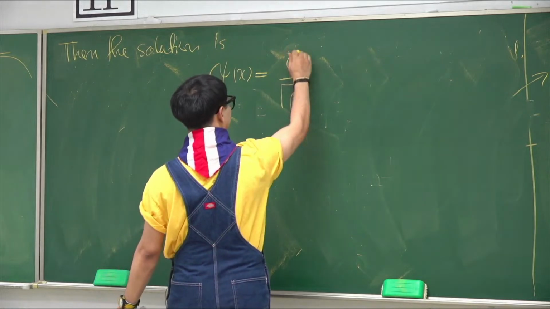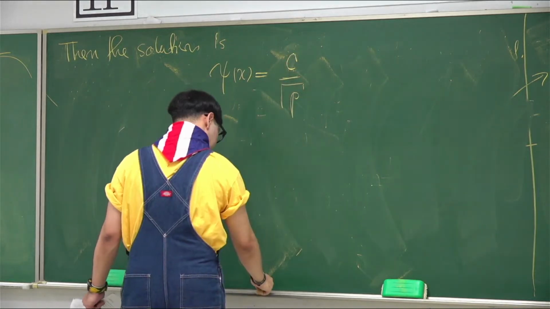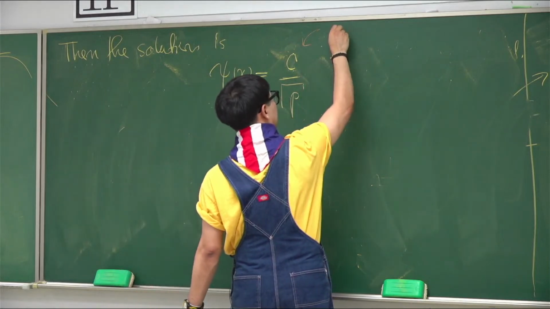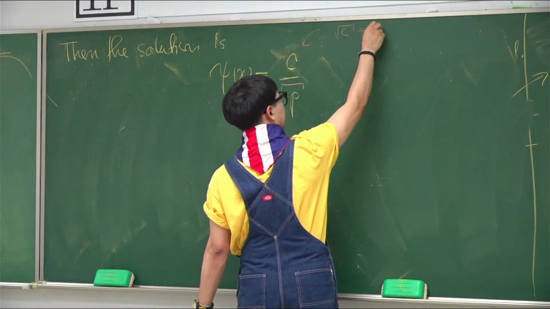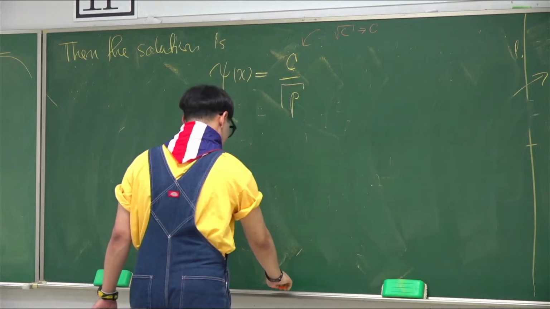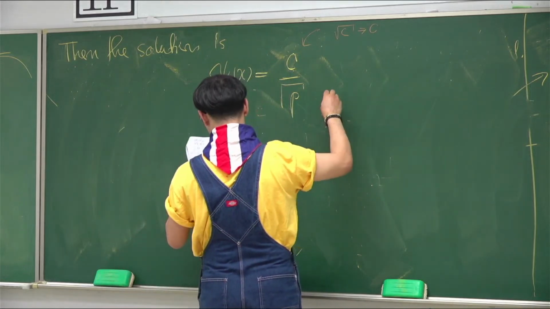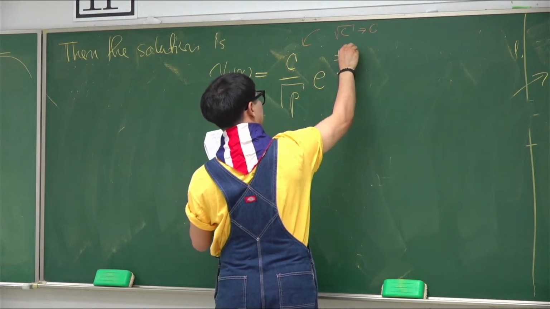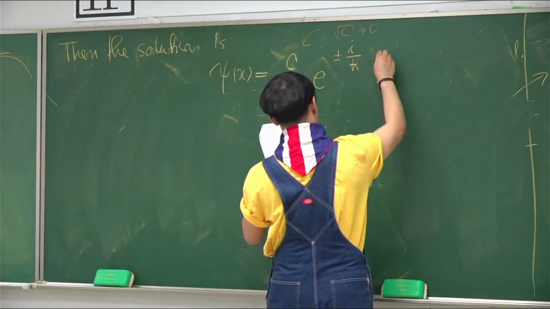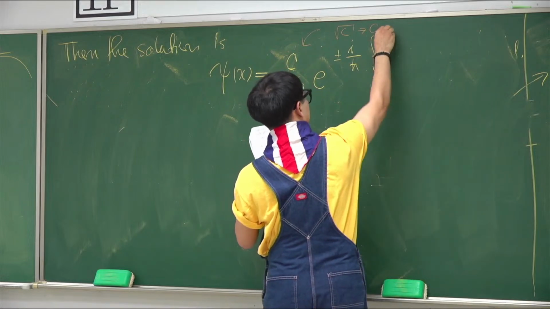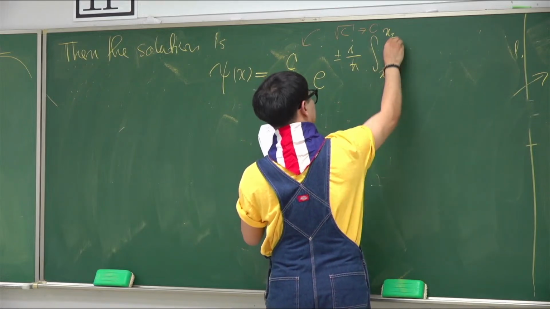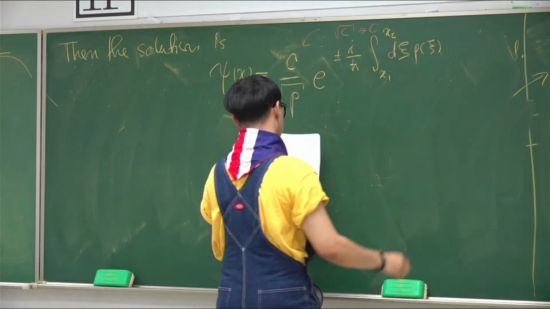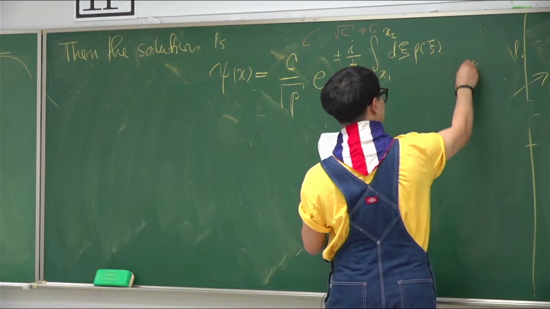But you have to keep in mind, let me put a note here for you, actually, it doesn't matter, right? It's just a constant. And then you get the exponential. Okay. Here, your solution.